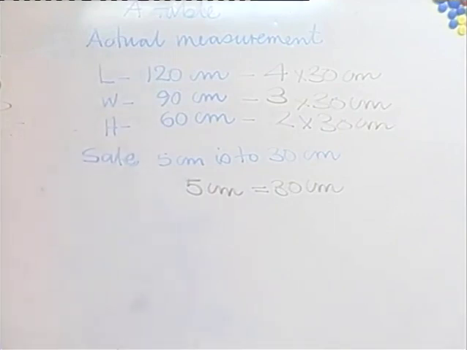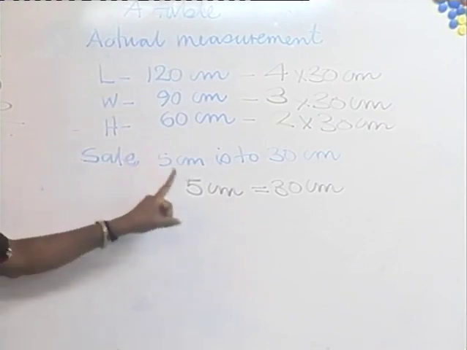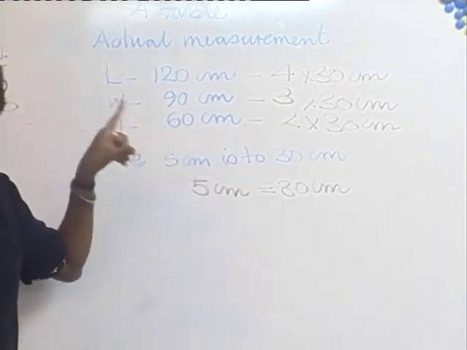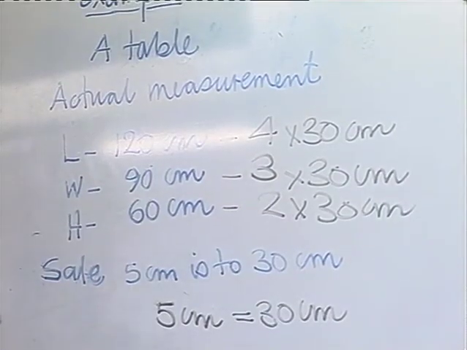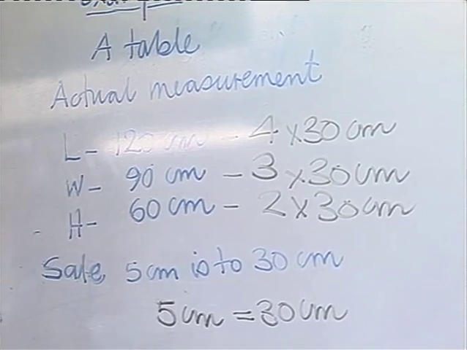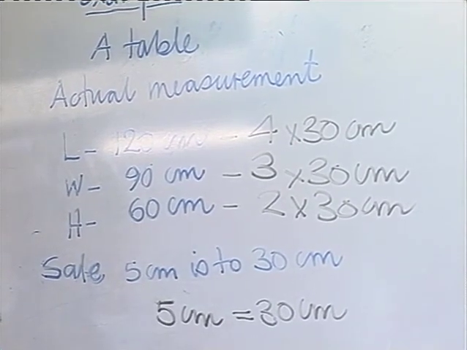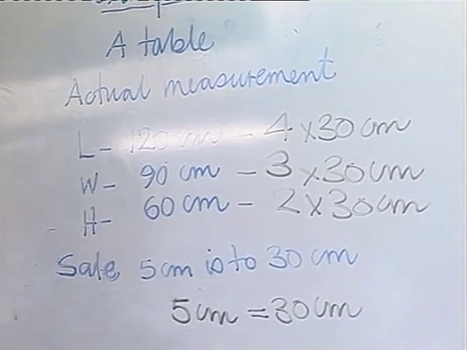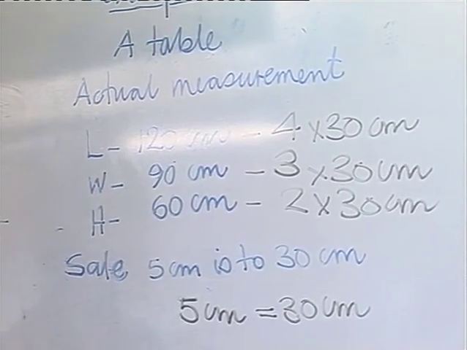So we have reduced it down. Now here the scale says 5 centimeters is equal to 30 centimeters. I'd like someone to tell me your understanding of that scale. If I can have someone let us know how you understand that scale.